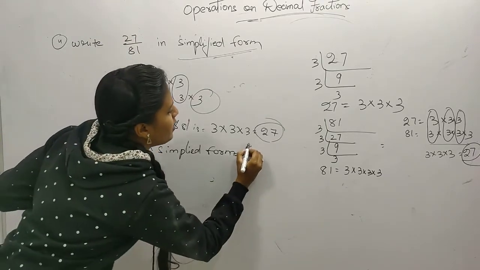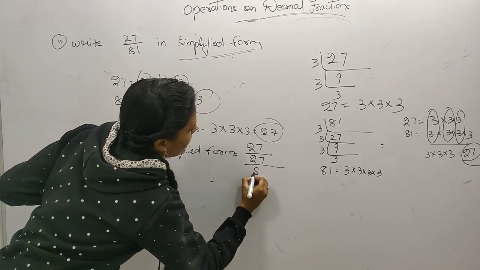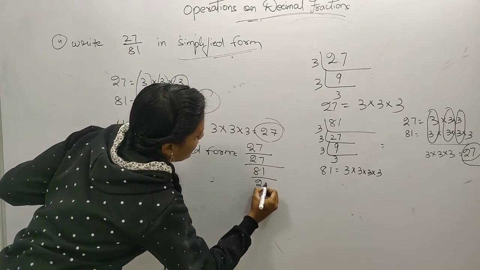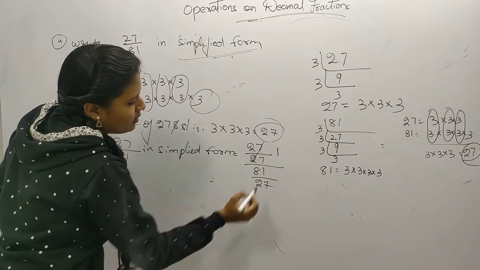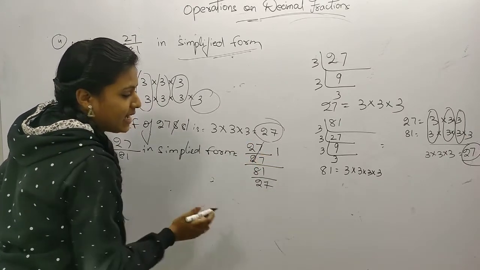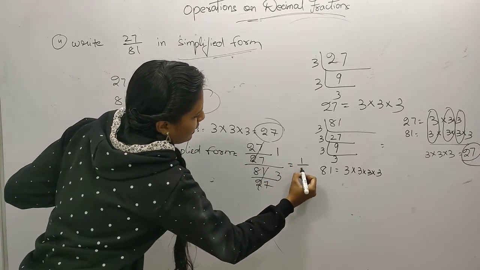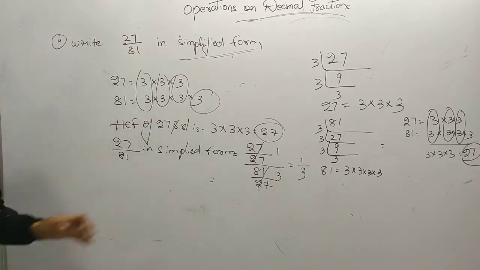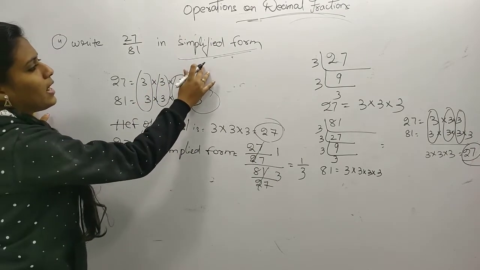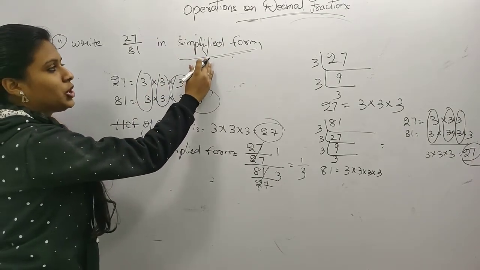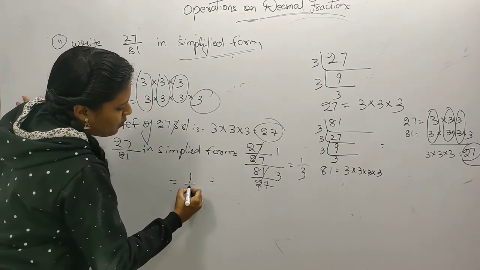Means we get 27 by 27 over 81 by 27. 27 by 27 equals 1. 27 3s are 81, means 3. What answer did we get? 1 by 3. That is the simplified form's value. The question asked you to simplify, and the final answer is 1 by 3.